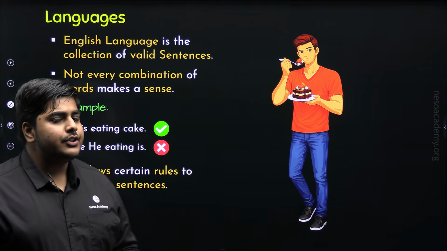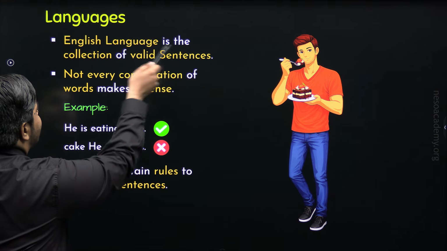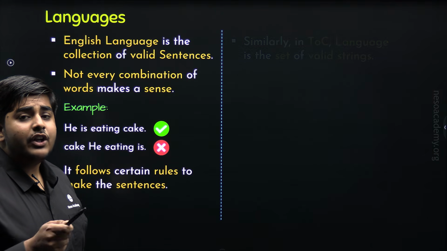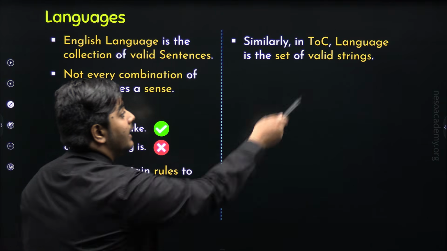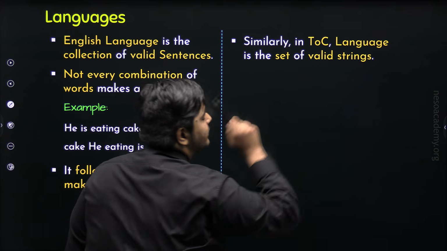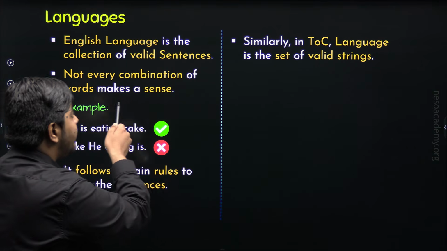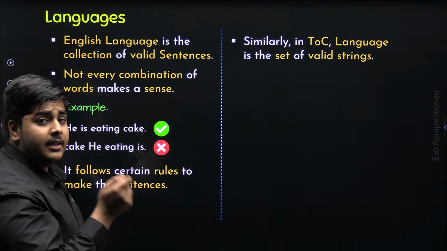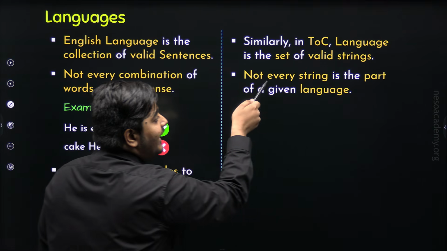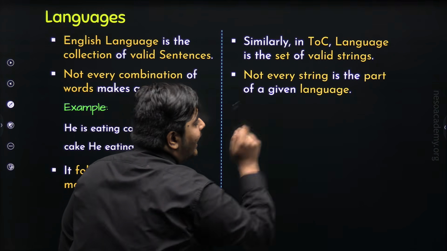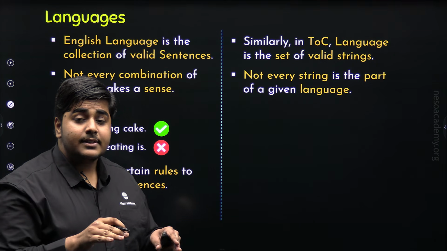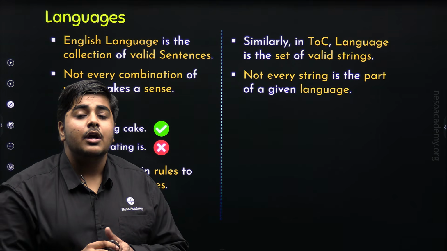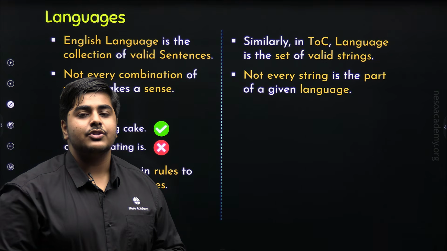So as we have understood that the English language is the collection of valid sentences, similarly in theory of computation also, a language is a set of valid strings. Here we have seen not every combination of words makes sense. Similarly in ToC, not every string is part of a given language. Only the strings that satisfy some rules, some conditions, will be part of the given language.